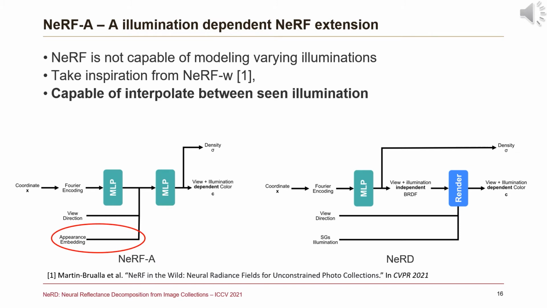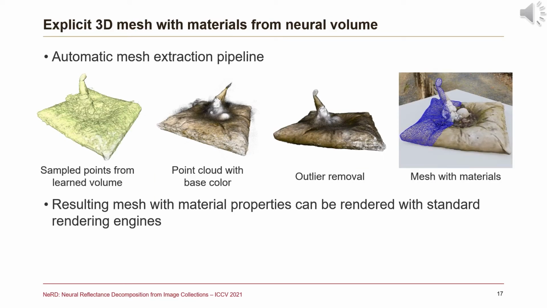However, note that the final color is only an interpolation of the scene illuminations and view directions. NeRD, on the other hand, learns a view and illumination independent BRDF which can be relighted under any illumination and viewed from any angle.